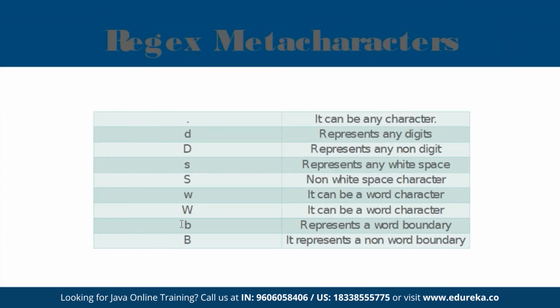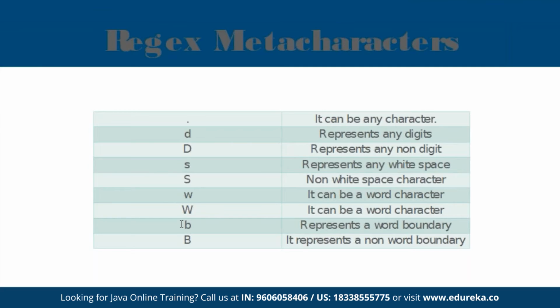Capital D represents any non-digit, the negation of 0 to 9. Small s represents any whitespace character. Capital S is for non-whitespace characters, the negation of small s.